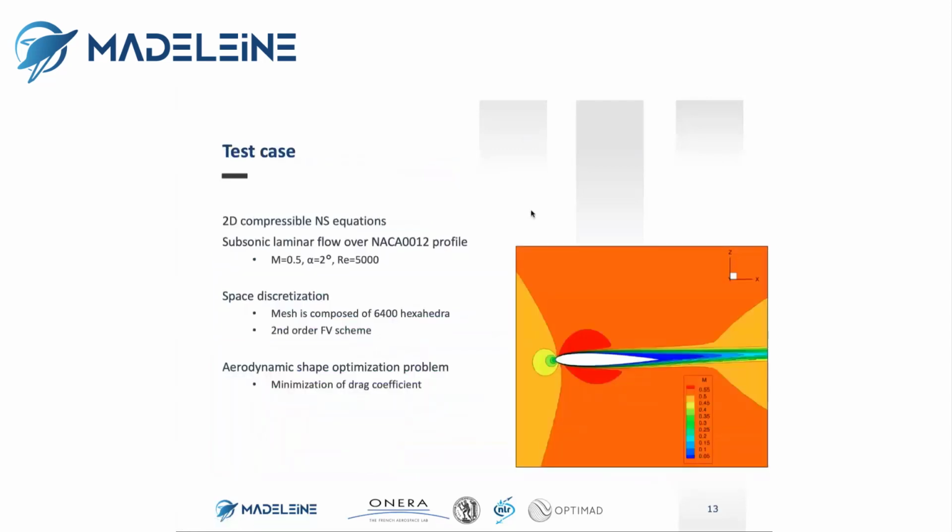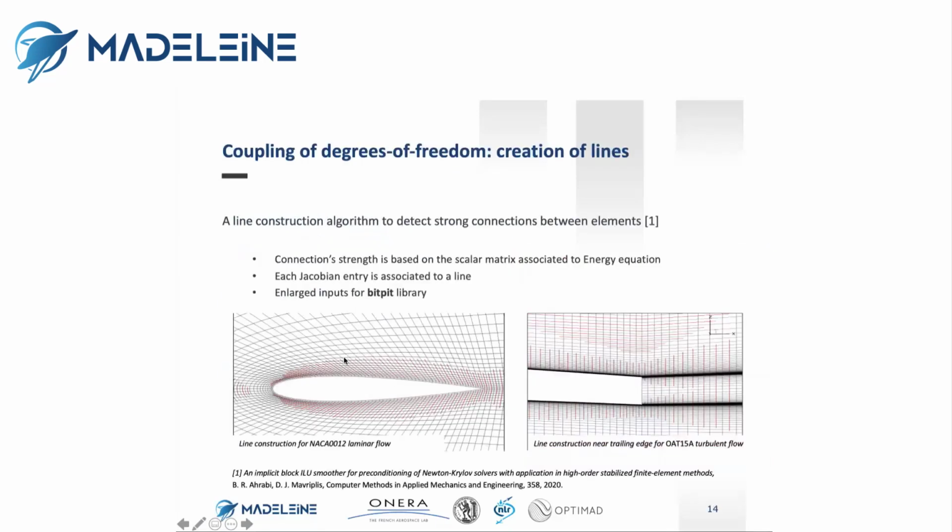So this was tested on a different case. It is a laminar flow of a NACA 0012 profile, but the data were provided in this case again by Onera. What has been done is that within the matrix we find degrees of freedom that are very strongly linked.